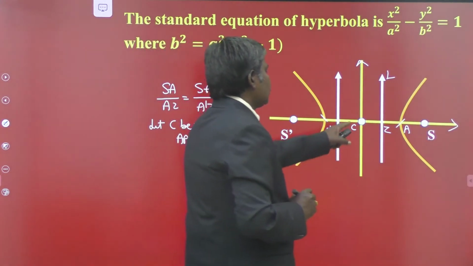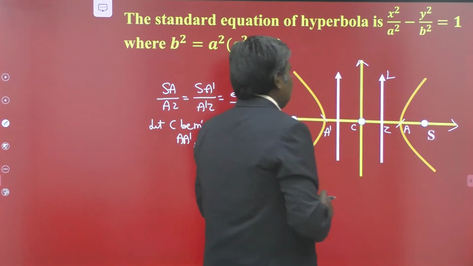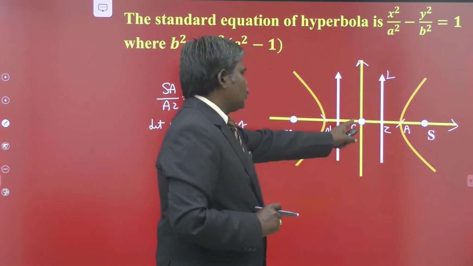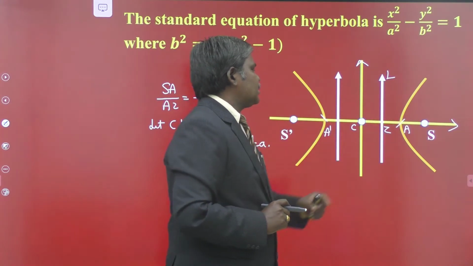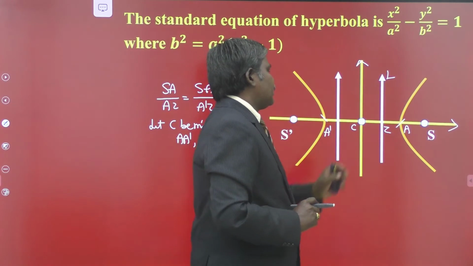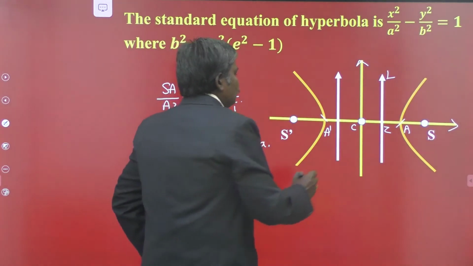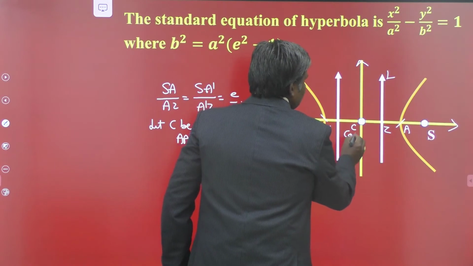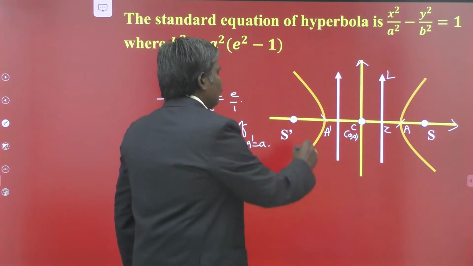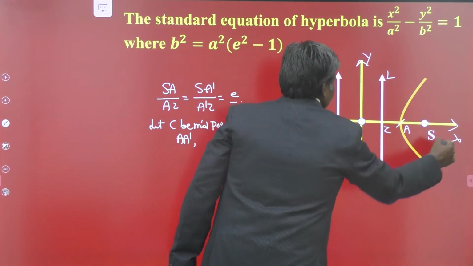Now choose C as origin and the line CS as the x-axis. Then the line passing through C perpendicular to CS is the y-axis. So what is your C? Origin. We are choosing C as origin and this line as the x-axis, then automatically this becomes the y-axis.